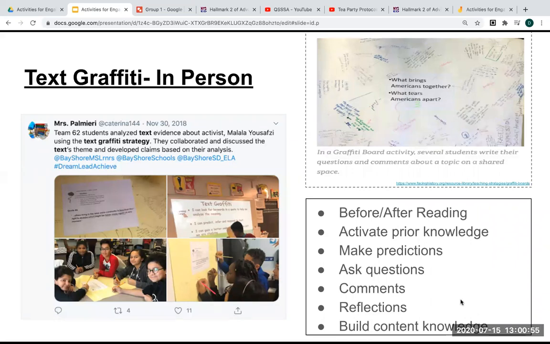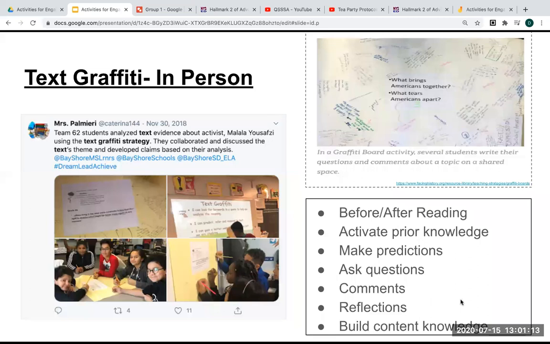So essentially what is done here, and I have the protocol step-by-step in the shared drive, so if you'd like to download it from there, you can. It gives students the opportunity to work together to have a discussion about a topic or a text in a shared space.